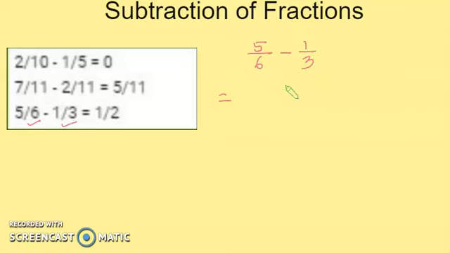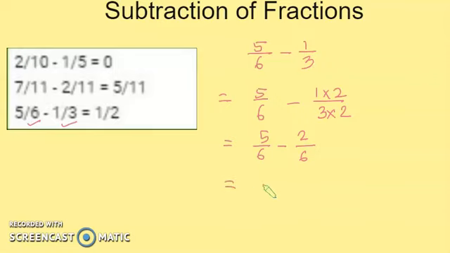So how to make them equal? If you multiply the second one by 2 in the numerator and denominator, then it is equal now. So you will multiply 1 times 2 and 3 times 2. So that becomes 5 by 6 minus 2 by 6.